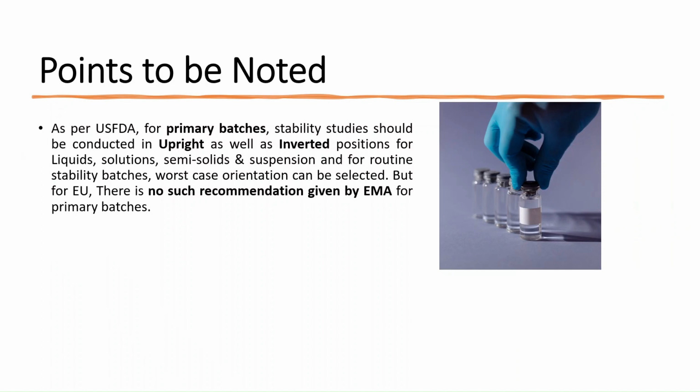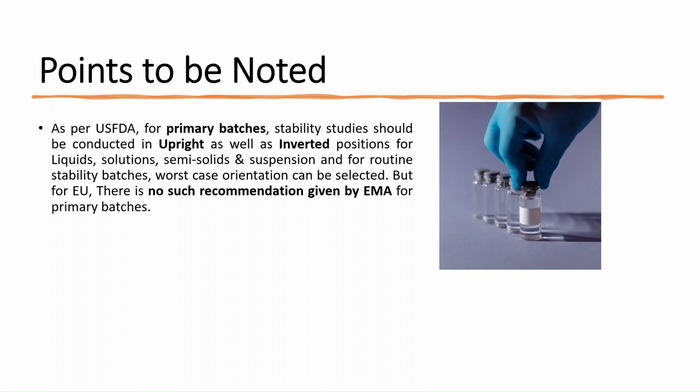So the first point would be, if you are submitting your dossier to the FDA for the primary batches, the orientation has to be upright as well as inverted for liquid, solution, semi-solid and suspension. Out of these two orientations, one would be your worst case orientation and another would be your non-worst case orientation.